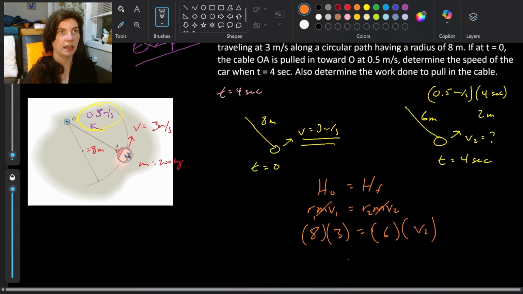If I divide over that 6, I'm going to find that my final velocity is 4 meters per second. And again, that's the tangential velocity.